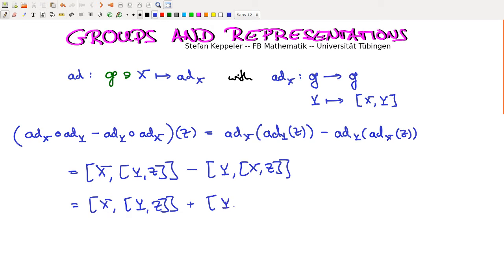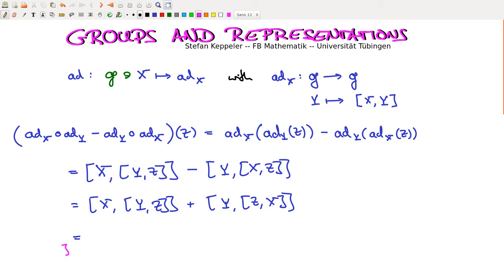And now we write y with z and x. Good. What have we achieved by this? Well, this is x, y, z. And now this is the cyclic permutation of it, x, y, z. So we know that by the Jacobi identity, if we add the third cyclic permutation, the thing is 0.